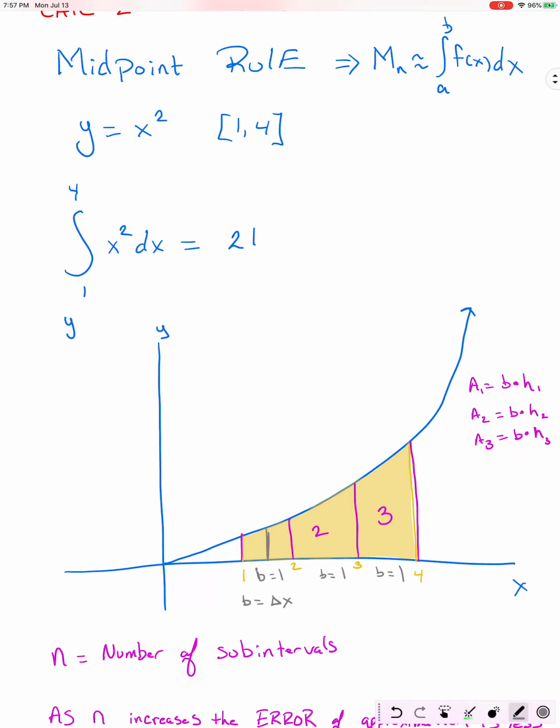So this would be midpoint 1, and this was height 1 and midpoint 1. This would be midpoint 2, so midpoint 2 and height 2. And this would be midpoint 3, midpoint 3 and height 3.